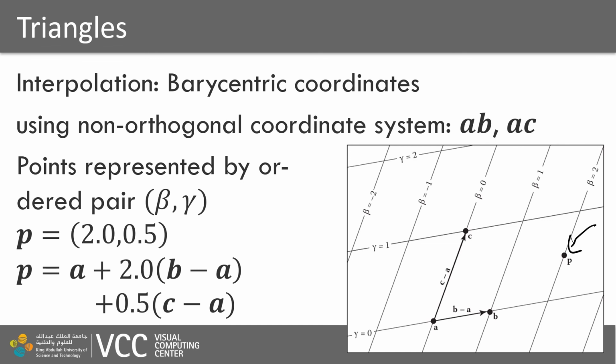One we can call beta, and one we can call gamma, which are used for scaling these vectors in order to define the position of a certain point within this coordinate system.